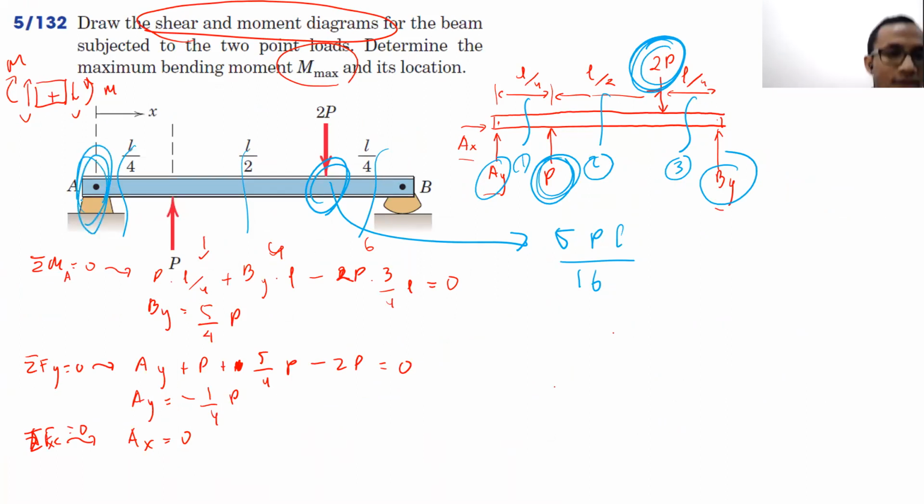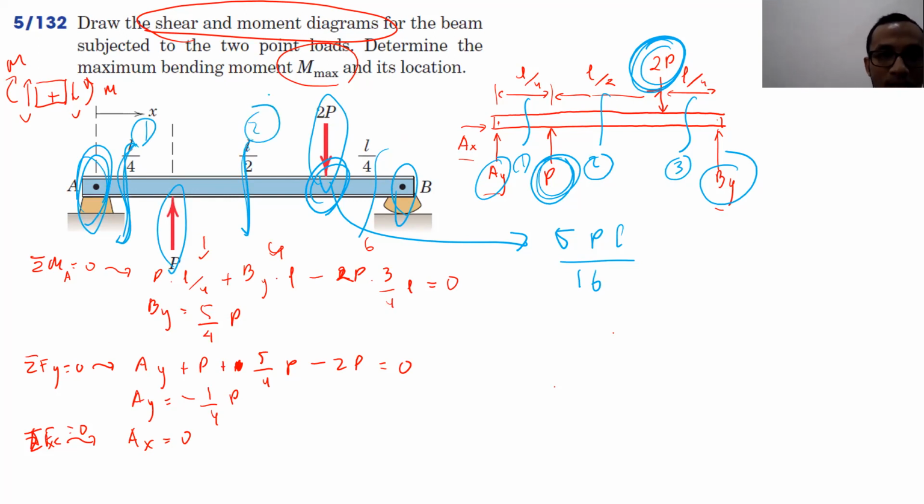At A, because there is a force there, and P and 2P, and B. So 4. Between the first and the second is the first section, between P and 2P is the second section, and between 2P and B is the third section. So always between discontinuities.